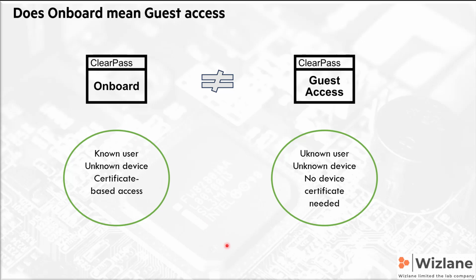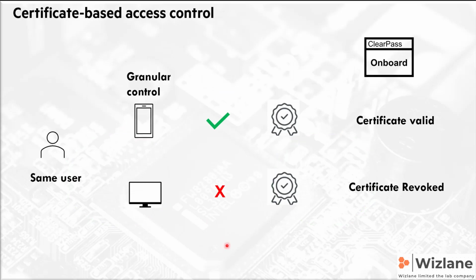Now, because we are using certificates for the onboarding, we might have a user with multiple different machines, and both of them have been onboarded. So we push a certificate to these machines, but now probably on one of these machines, for whatever reason, the machine has been compromised, or maybe the machine has been lost, we can revoke the certificate.